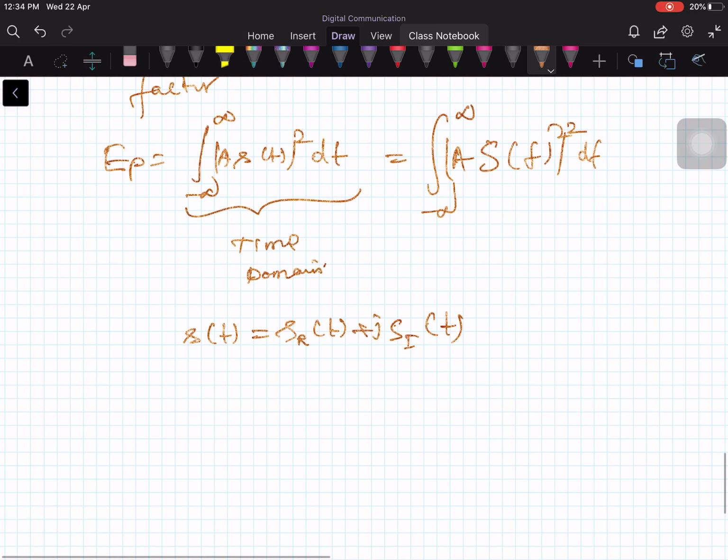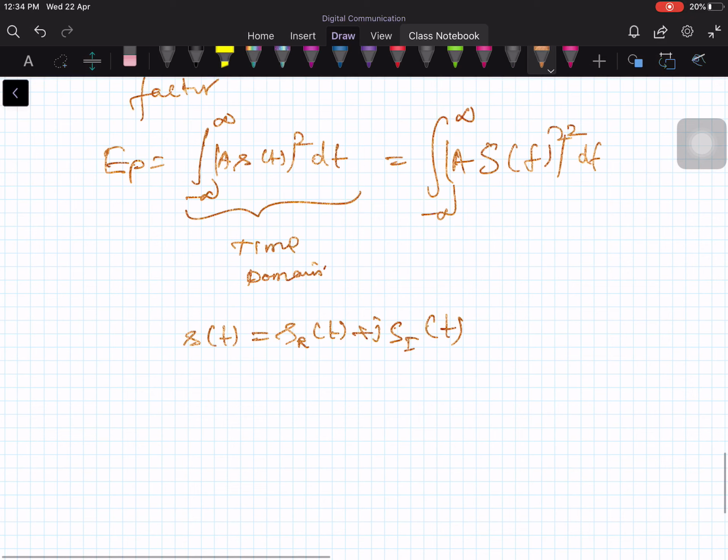We can represent various kinds of modulation schemes very conveniently using complex notation. So in general, we will permit this pulse shape to be complex. It has a real part, that is the in-phase component, and an imaginary component Si of t. So we will use this complex notation. This pulse is received at the receiver and contaminated by noise.